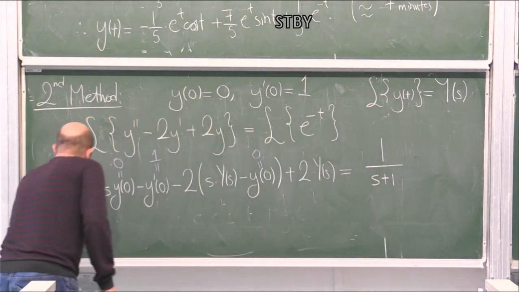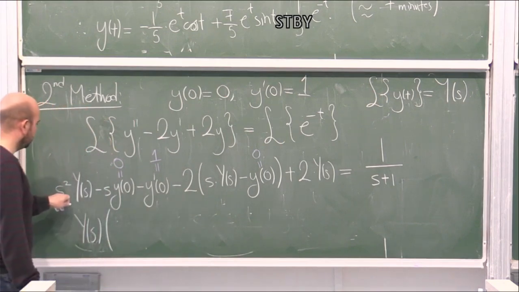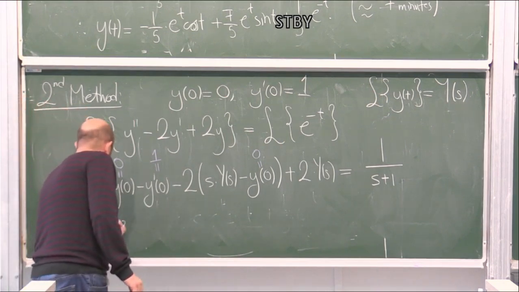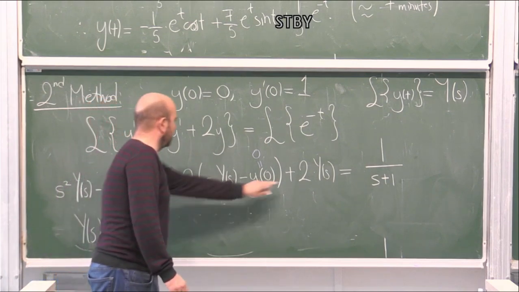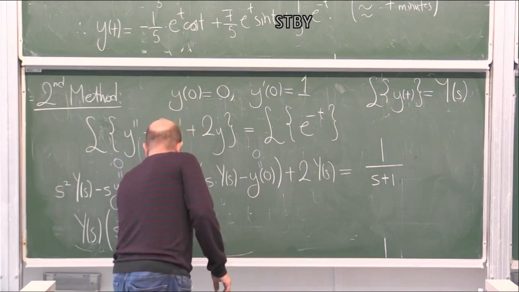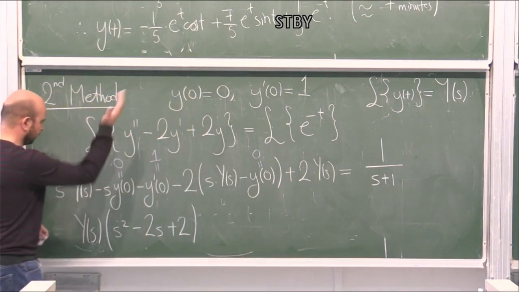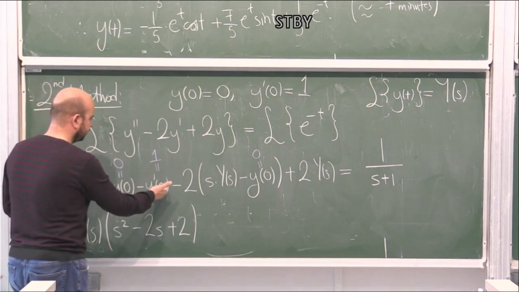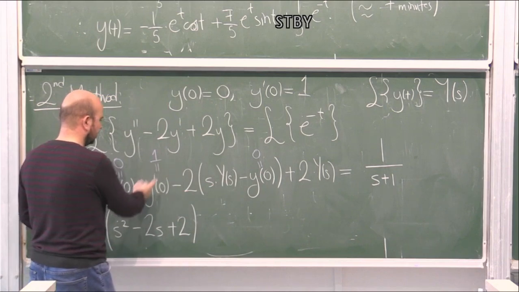Let's take Y of s in parentheses. Then what do I have here? I have an s squared minus 2s and plus 2. And there are some other terms. This is 0, this is minus 1, and this is 0. There is minus 1 here.